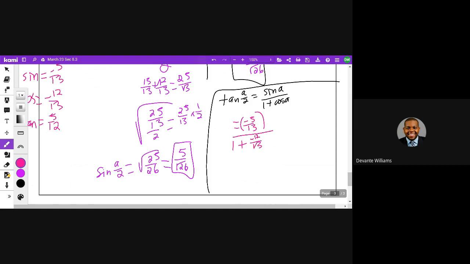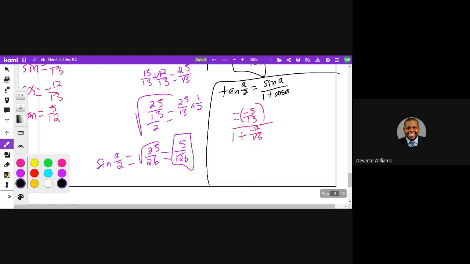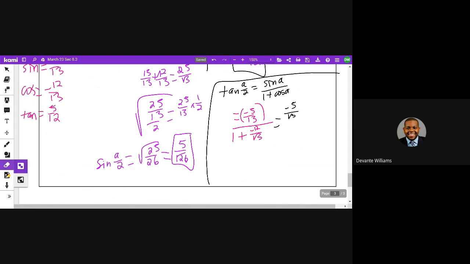I'm going to add the denominator, the bottom, together. This becomes negative 5 over 13, all over 13 over 13 minus 12 over 13, and we should get 1 over 13.